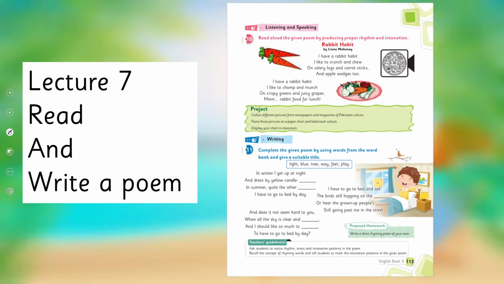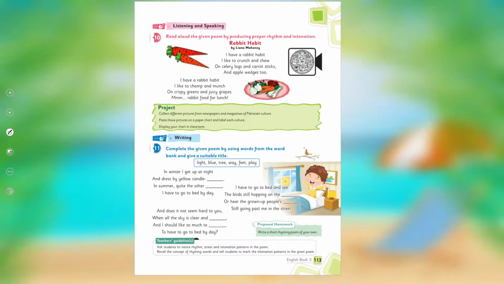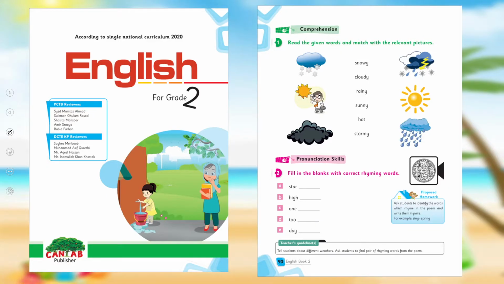Yes, my dear students, today we are going to learn how to read and write a poem. Before this, we have read a poem and we know how to recite a poem, and we also have the concept of rhyming words. I hope you remember.